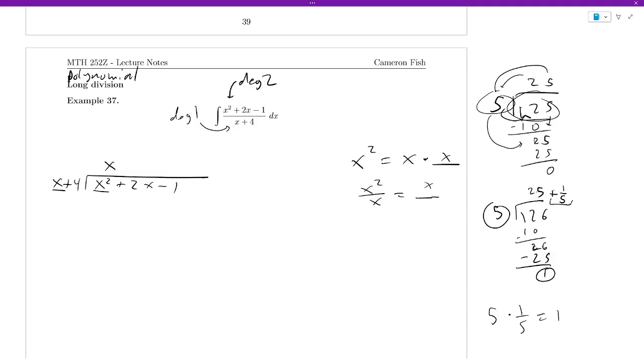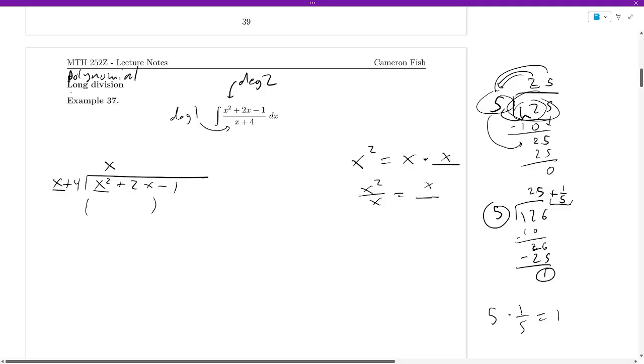So I basically divide the x squared, that leading term, by the x. Just like I divided the 12 by 5, and I got 2, knowing that there's going to be some leftovers. Now, just like I take 2 times 5 to get 10, I'm going to take x times this thing I'm dividing, and I'm going to write it right here.